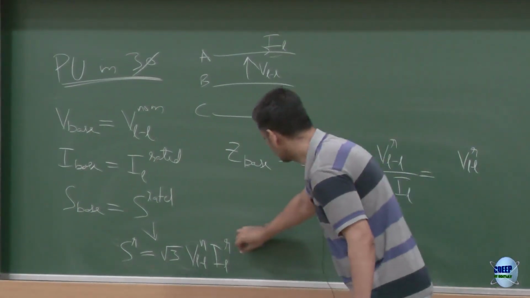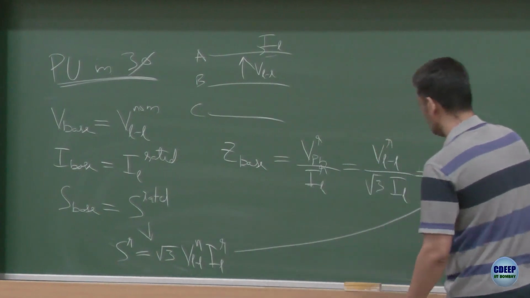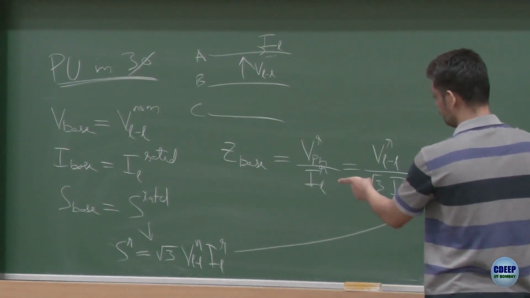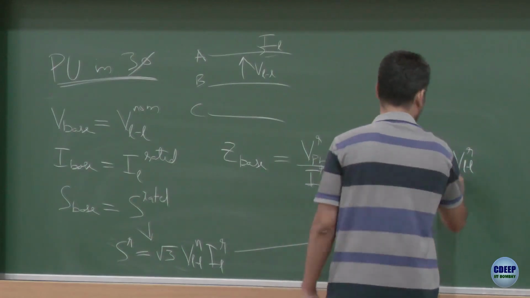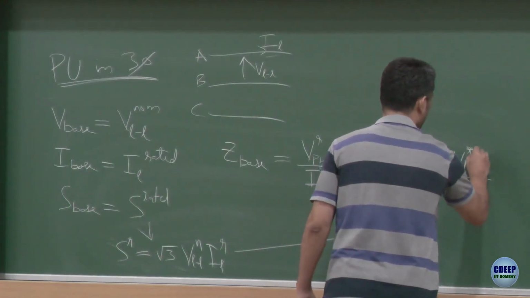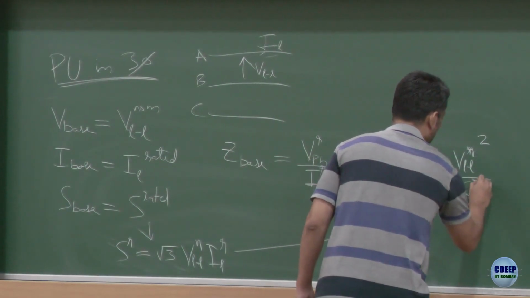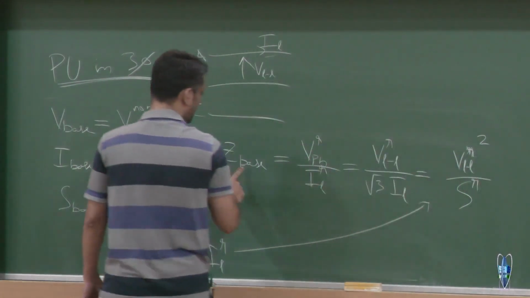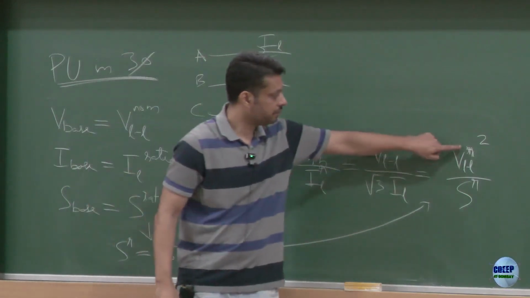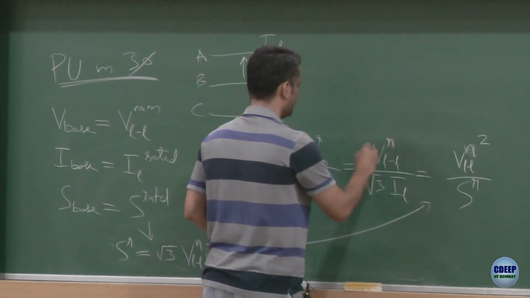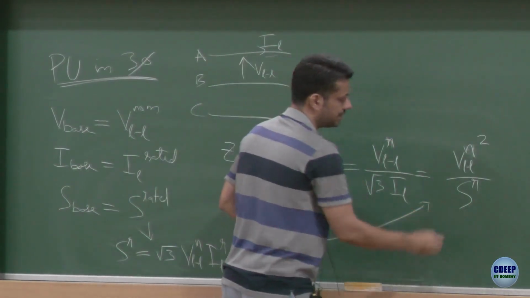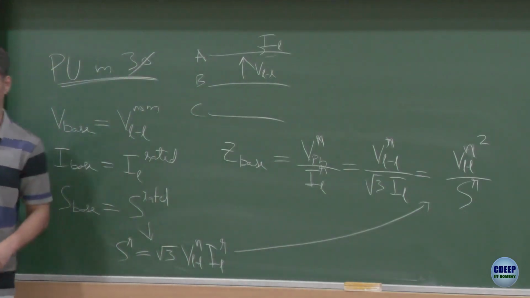If I substitute IL from here, it gets S times... So Z base is defined as V nominal line to line upon S rated for a 3 phase system, right.